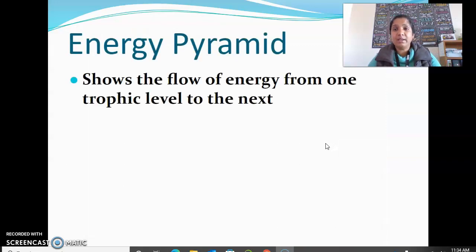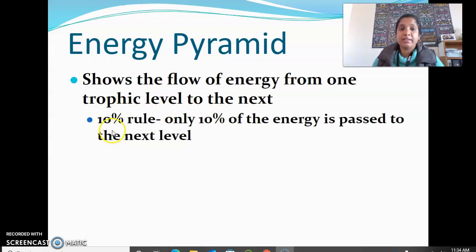So what is this energy pyramid? What can we know from that? This shows the energy flow from one trophic level to the next, and the 10% rule. Only 10% of the energy will be passed to the next level. For example, if in level 1 it is 100%, only 10% of that goes to the next level. And whatever is remaining in the second level, only 10% of that goes to the next level.